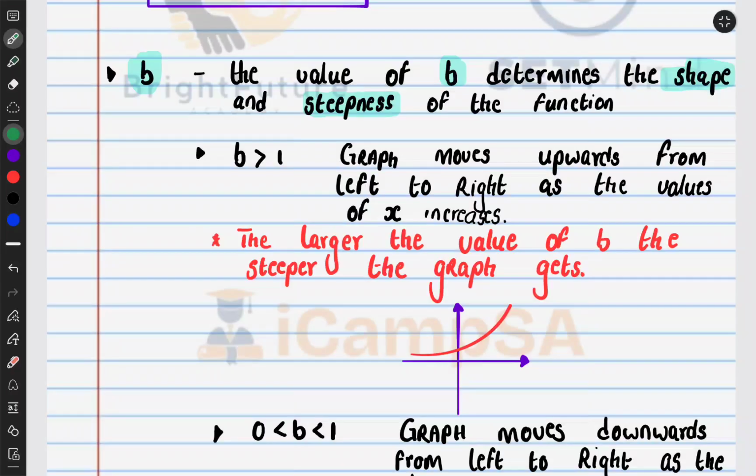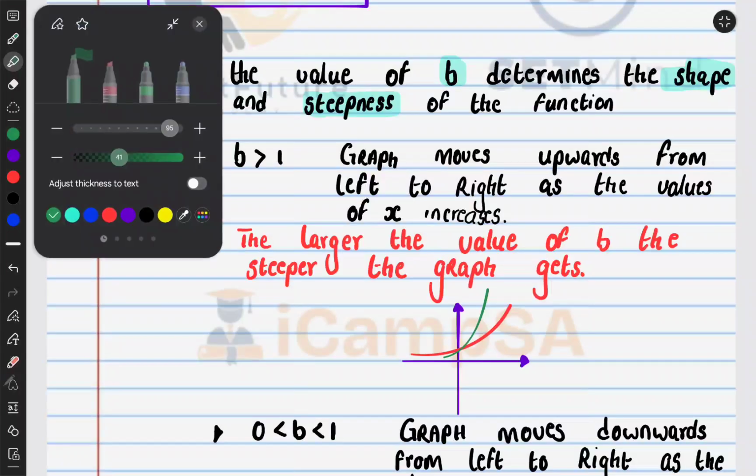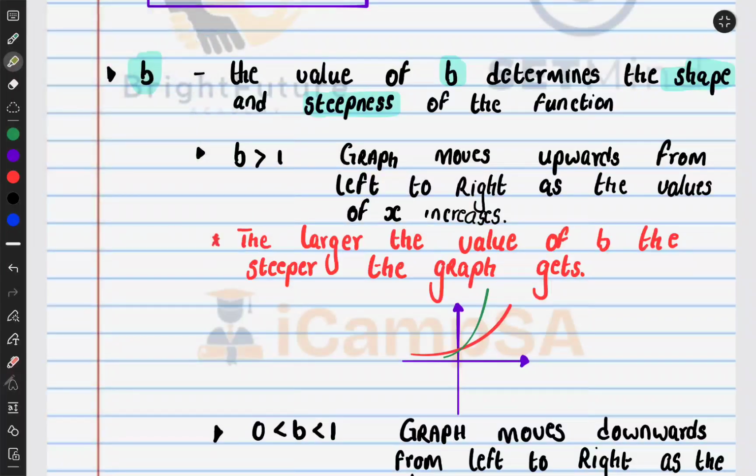Once you have y is equal to 3 to the power of x, you can see the function becoming steeper. Another important thing to note is that for this restriction, where b is greater than 1, the function moves upwards from the left to the right.